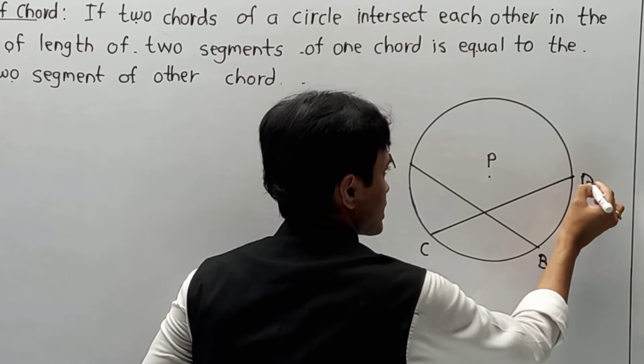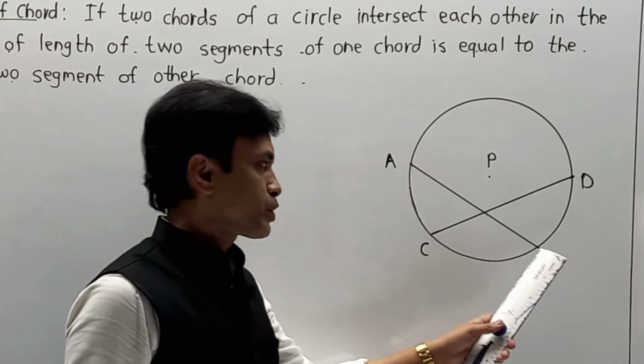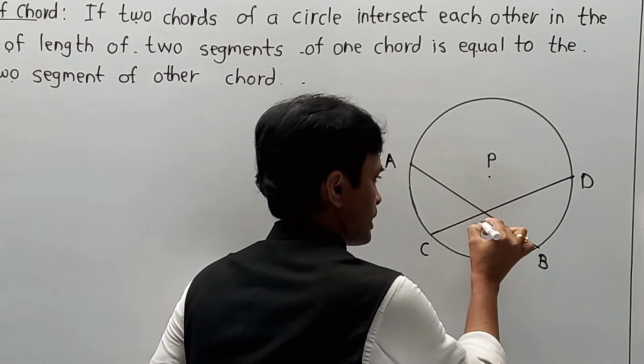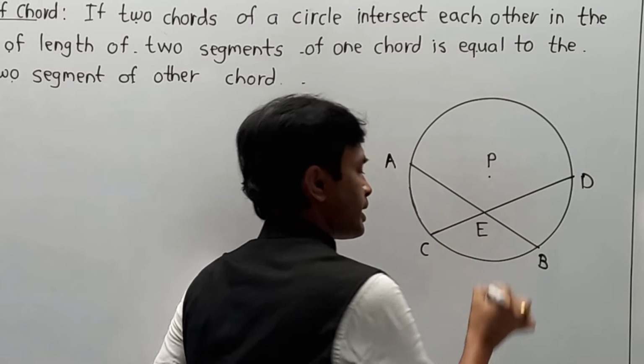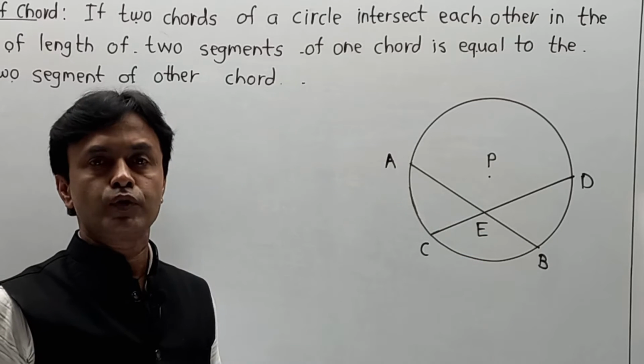So as per instruction we have drawn two chords, one is chord AB and the second chord is CD. Let us say the first chord AB and the second chord CD intersect each other at point E. We can simply say that E is the point of internal intersection of the two chords.